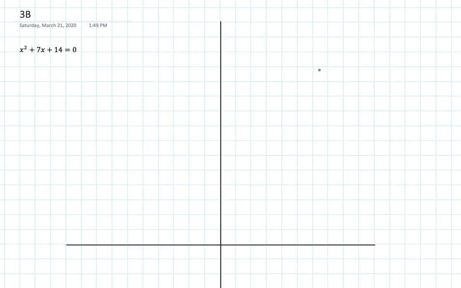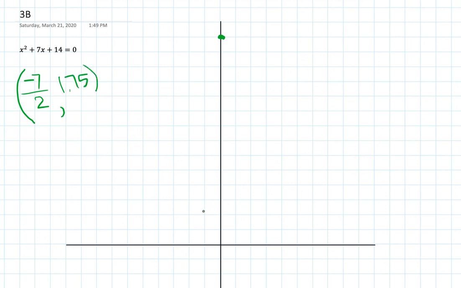This is another one that should be done the same way. In fact, if I go ahead, I know it's going to open up, and I know I have my y-intercept at 14. 14, now that's way the heck up there. My vertex, I'm going to have negative b over 2a, and when I plug that in, I got 1.75.